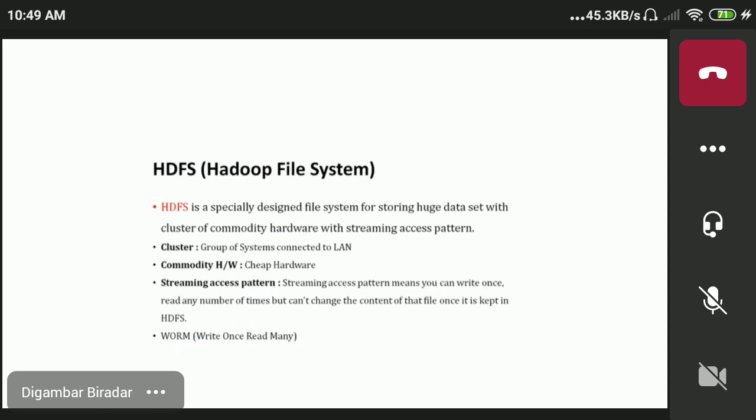That is this concept. WORM. That is write once, read many times. This is what your streaming access pattern. Already I have explained commodity is nothing but cheap hardware. Cluster is nothing but group of systems connected to the LAN. Because of that, we are calling it as a HDFS is a special designed file system because of this important features.